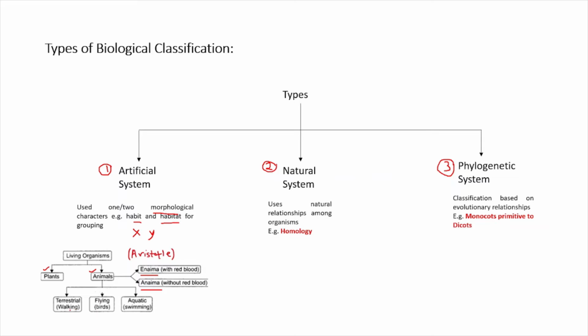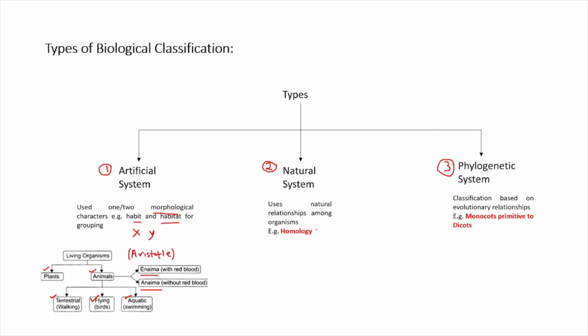He also classified organisms into three main types on the basis of how they move: terrestrial for those who walk, flying for those who fly like birds, and aquatic for those who swim in water. So this was the classification system used by Aristotle to classify living organisms.